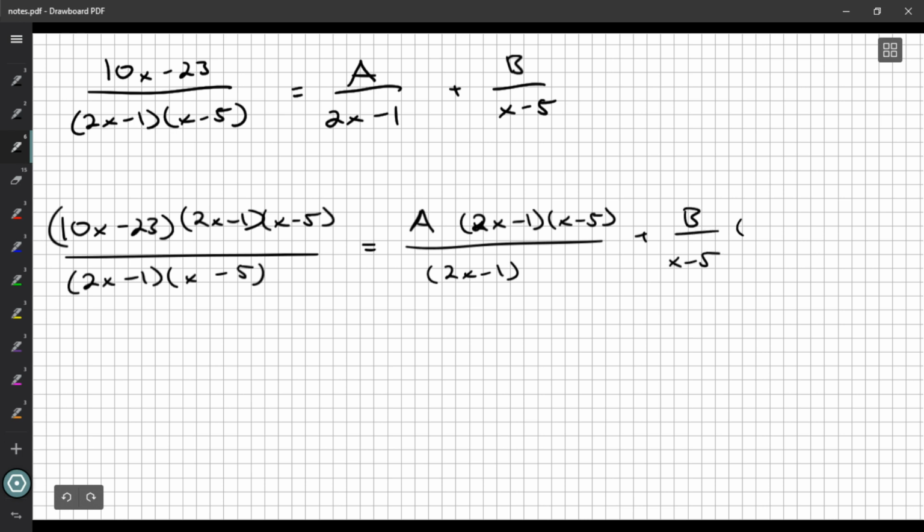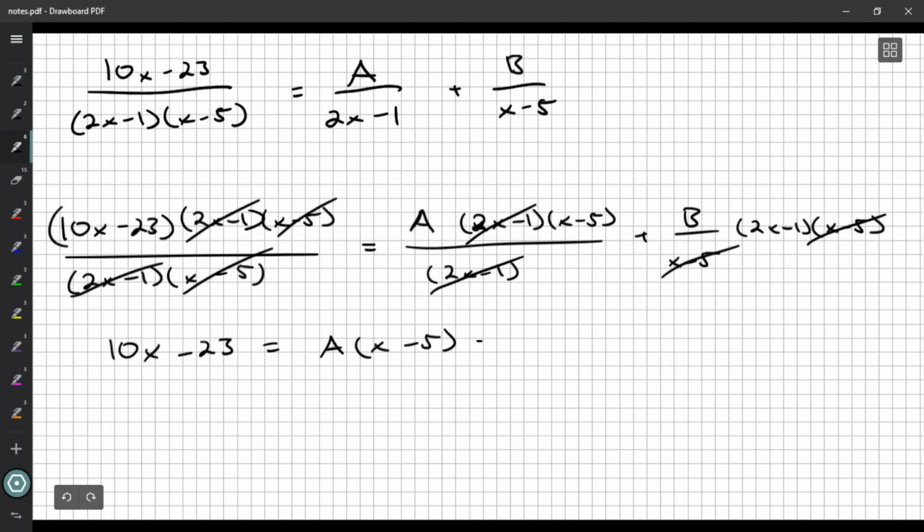So just multiply both sides by that denominator. It's really nice when you do it if it's factored, because then you can very clearly see the x minus 5s canceling out, the 2x minus 1s canceling out. So we're left with 10x minus 23 is A times (x minus 5), plus B times (2x minus 1).